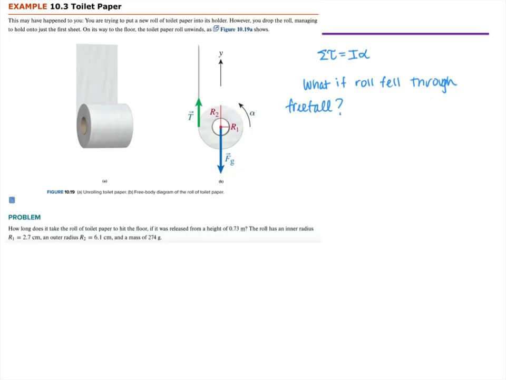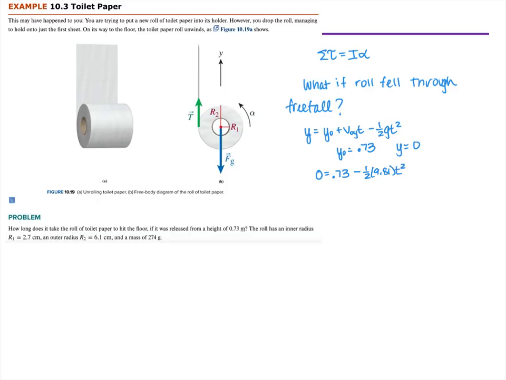So if it fell through free fall, we're looking at our kinematic equation for free fall, where in this case our y naught would be equal to the 0.73, and y is when it hits the ground, that's 0. So we have 0 equals 0.73. We're just going to drop it so it has no initial velocity, and then minus 1/2 9.81 t squared.